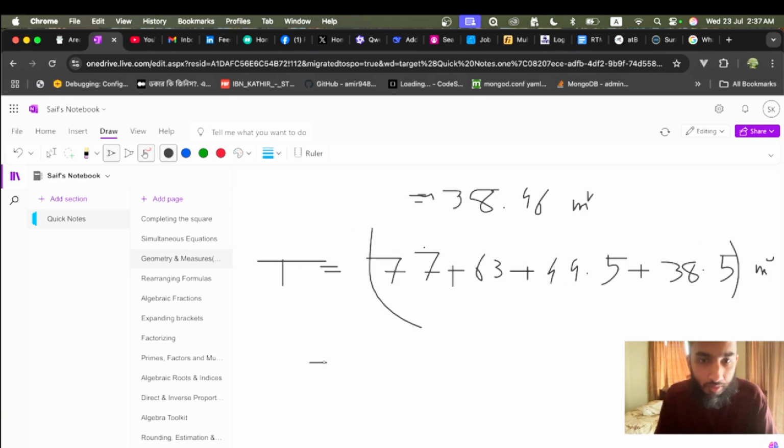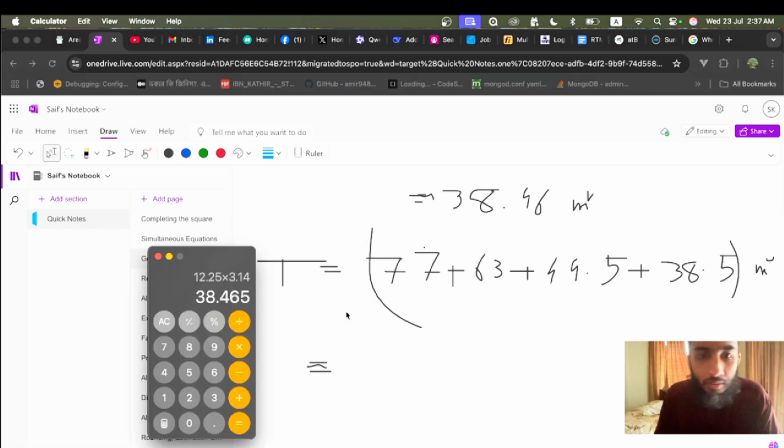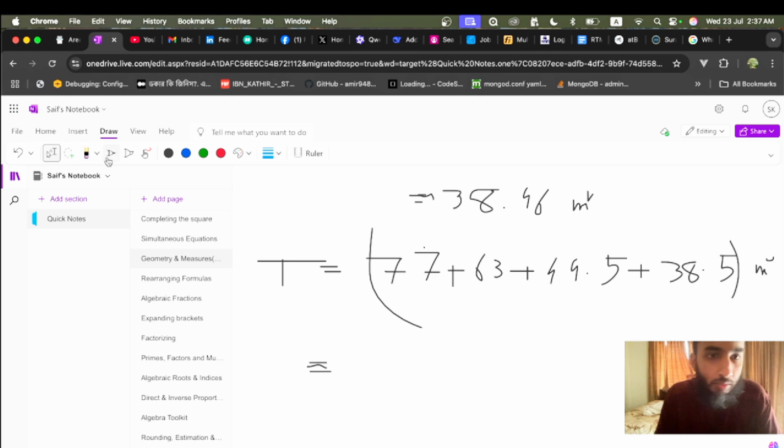Using the calculator, 77 plus 63 plus 44.5 plus 38.5 is roughly 223 meter square. So this is the total area.